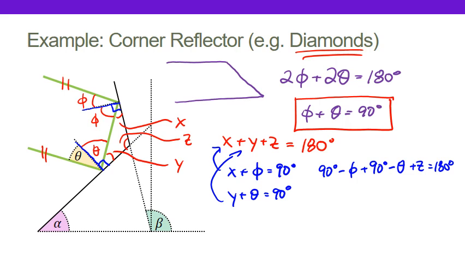Or in other words, z is going to equal phi plus theta, which we've already worked out has to be 90 degrees.